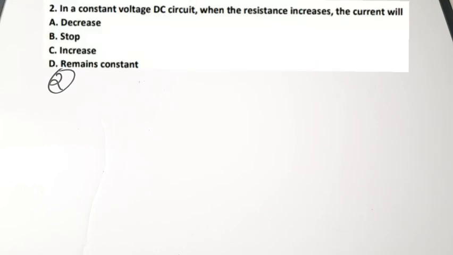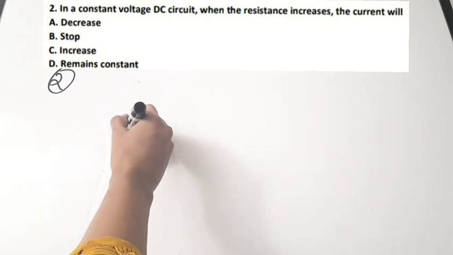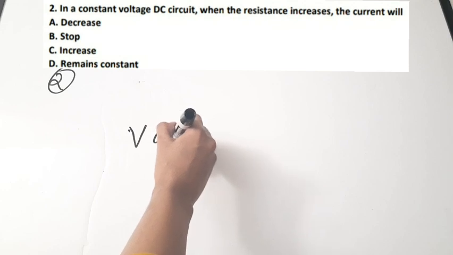That is the second one. The second question is, in a constant voltage DC circuit, when the resistance increases, current will dash. So the circuit has a constant DC voltage.